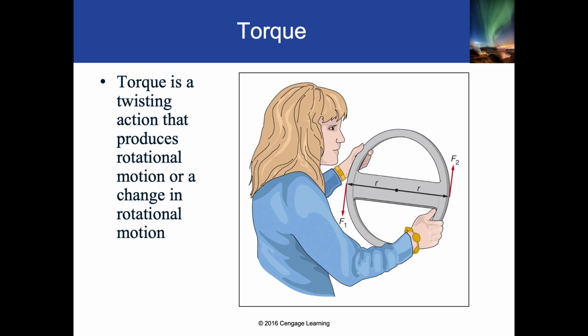Neither of them are negative, because you could easily rotate them around and they would be the same again. And the R here is the radius of the circle. So when you're turning a steering wheel, the forces are equal going all around that circle.